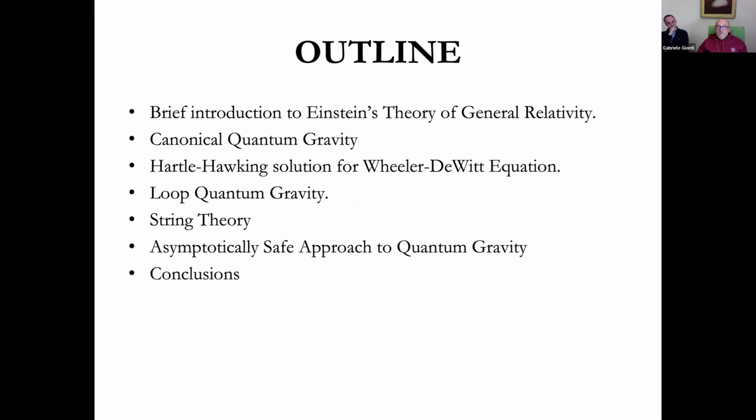The outline of this talk is a brief introduction to Einstein's theory of general relativity, the theory we want to quantize. I will introduce the oldest approach to quantum gravity, canonical quantum gravity, the Hamiltonian approach. I will talk briefly about the Hartle-Hawking solution of the Wheeler-DeWitt equation, since it was asked recently by Piotr something about science and theology. It's important to see how this solution was essentially inspired by some prejudices that the authors, especially Hawking, had.